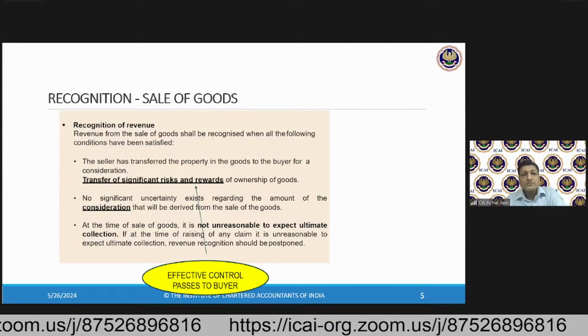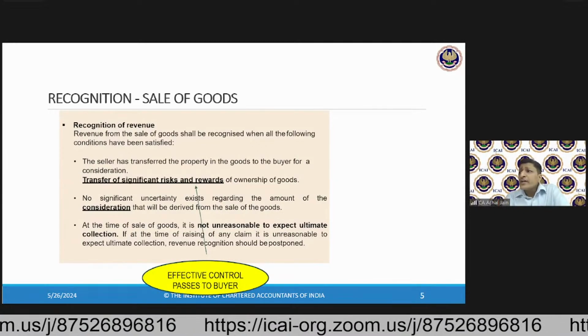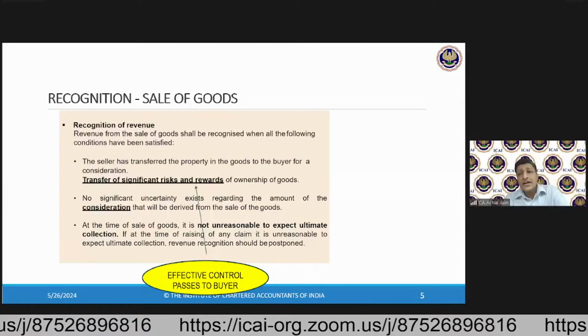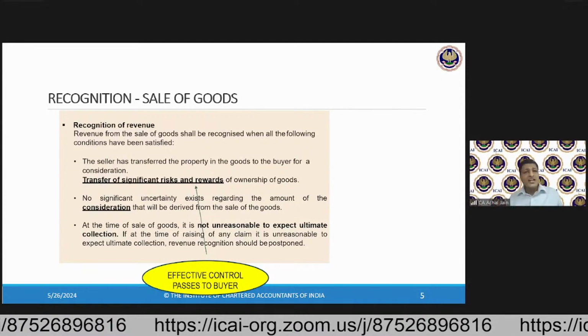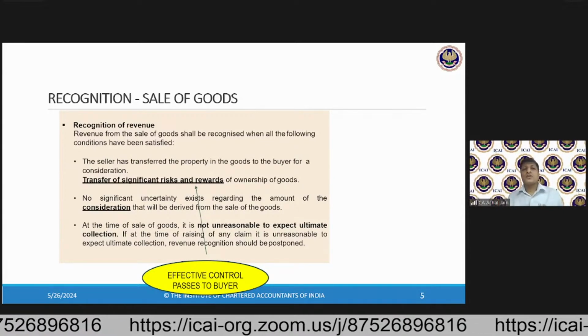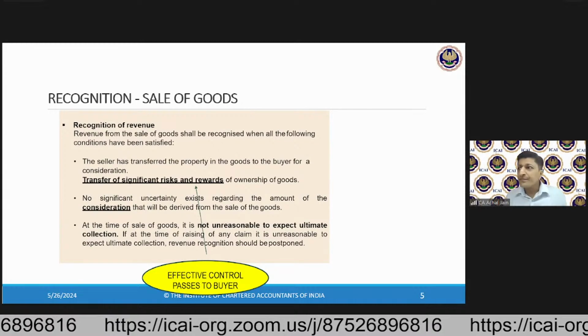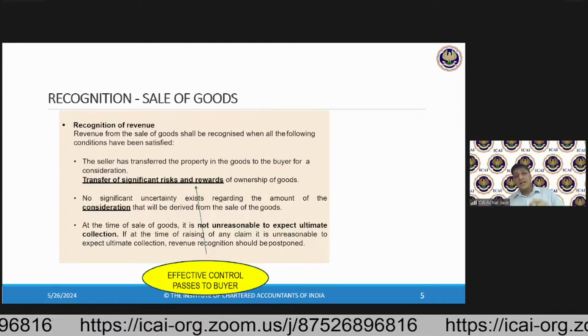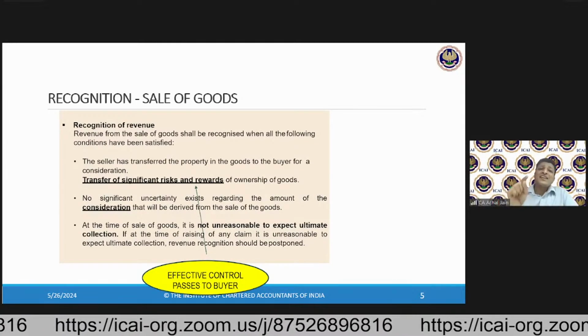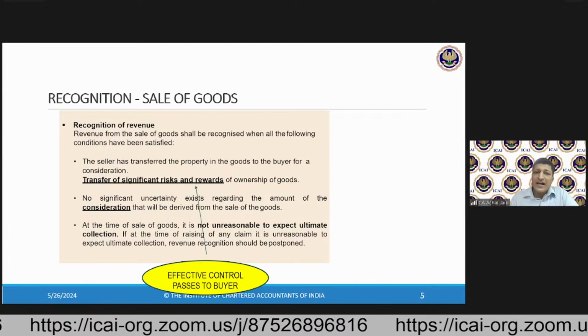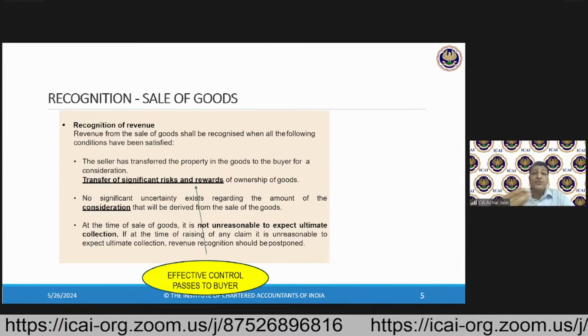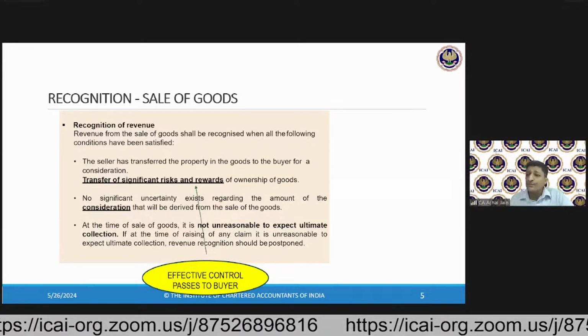Now, let us try to understand the revenue recognition criteria. So we have understood the meaning of revenue, what this revenue really means. Now we need to understand when this revenue can be recognized by the company. So when would the company recognize revenue?